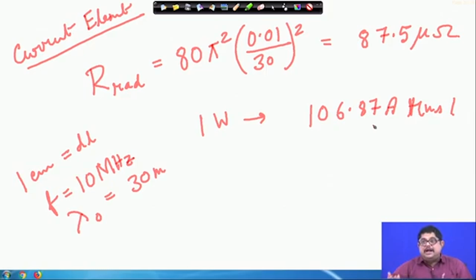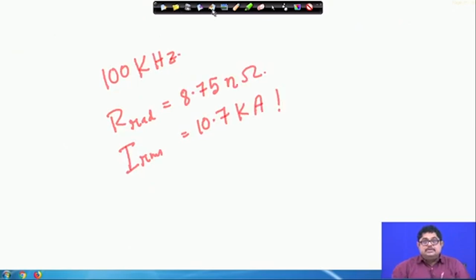If I increase the lambda, then the electrical length of the current element decreased, and it became much more inefficient. So, the more the electrical length of an antenna is, the more efficient it is. This is an important thing, true of all antennas. What is electrical length? The length divided by lambda naught. So, if I can have more and more of this, then the antenna becomes efficient.